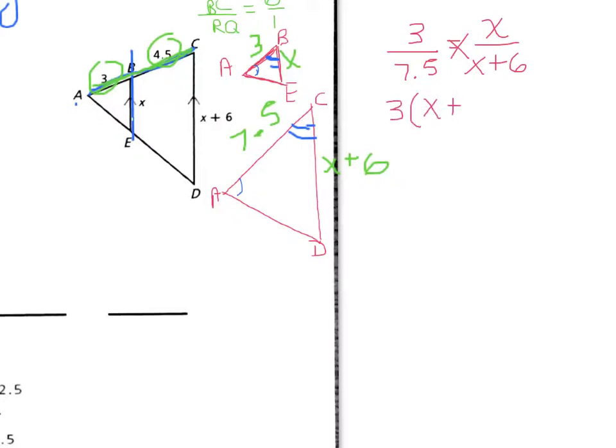When you have a binomial, two terms, make sure you put it in parentheses, times 7.5x. Then you distribute 3 times x and 3 times 6. So that would be 3x plus 18 equals 7.5x.